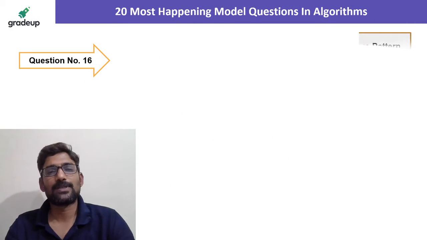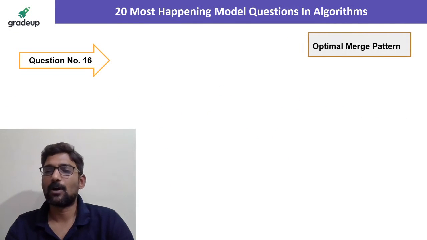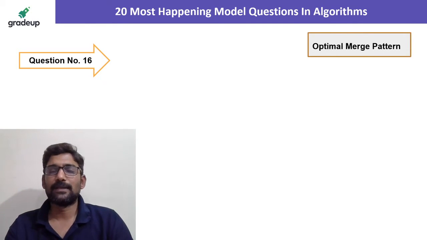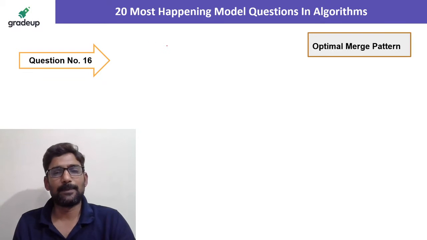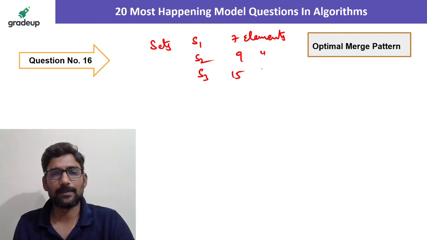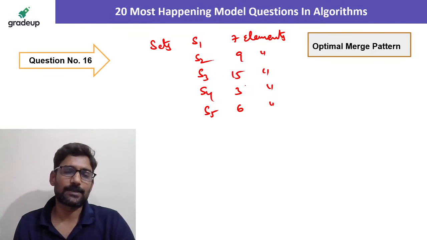The next model question that may be possible is on optimal merge pattern. Yes, you may be given multiple sets. Let's say you are given sets S1 with 7 elements, S2 with 9 elements, S3 with 15 elements, S4 with 3 elements, S5 with 6 elements, something like this.